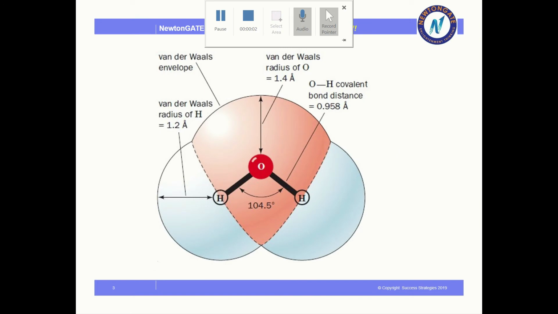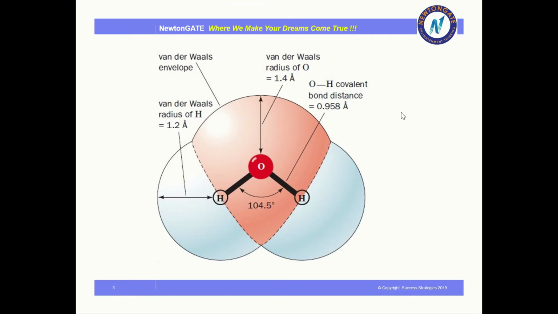See, here is a molecule of water, H2O, and you can see the van der Waals radius of oxygen, the van der Waals radius of hydrogen, and also the O-H covalent bond distance is shown here. What is important to note here is the van der Waals envelope.